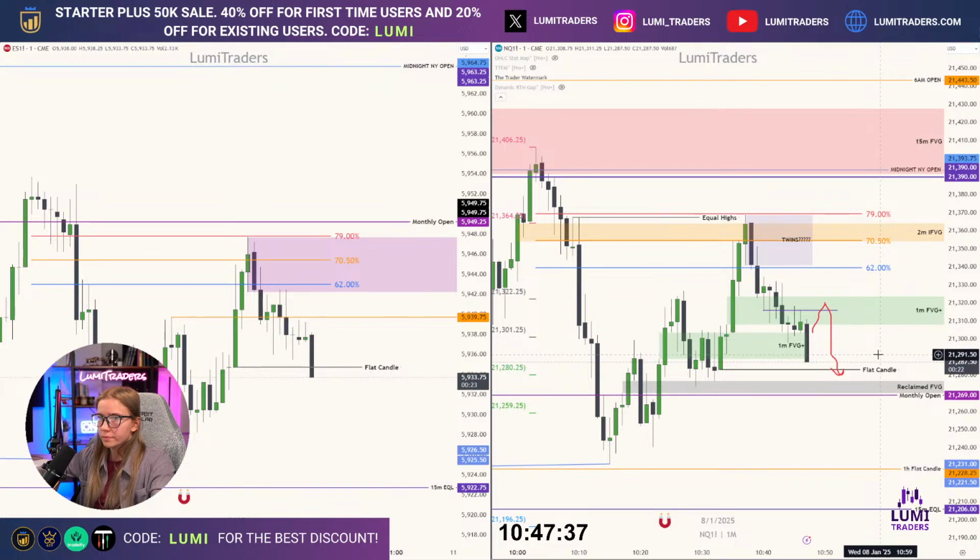Okay, twins playing out so nice so far. Flat candle taken on. We have another one, by the way.